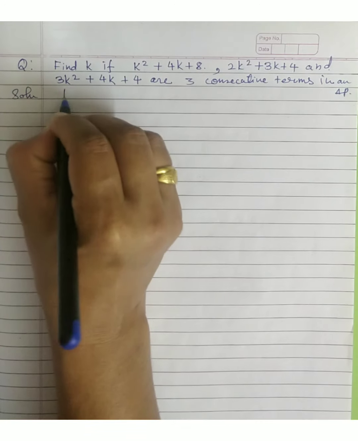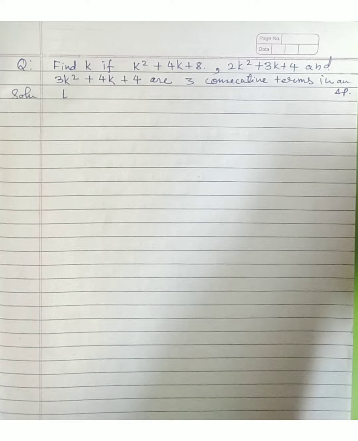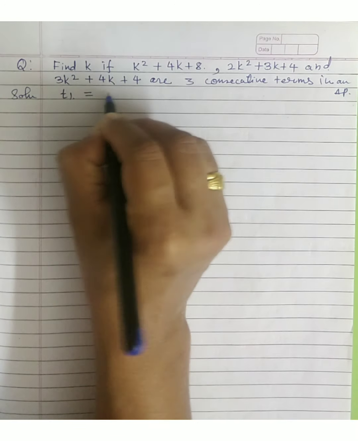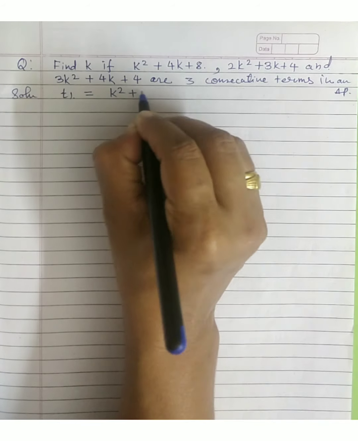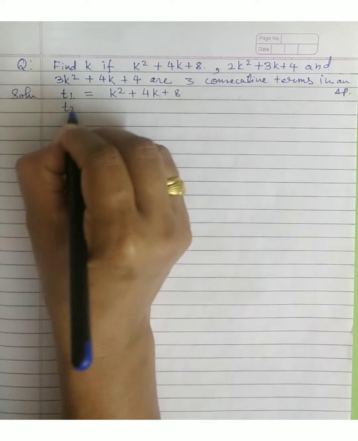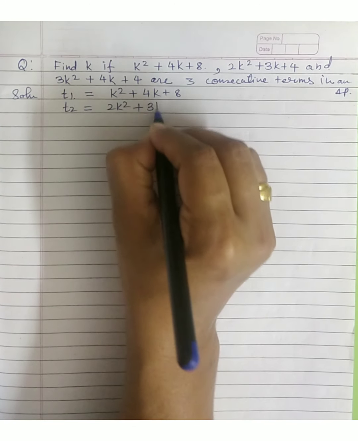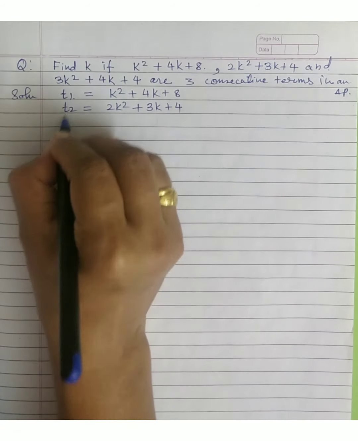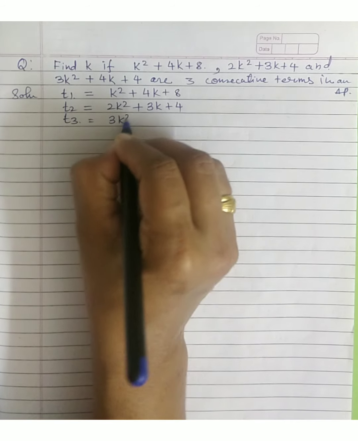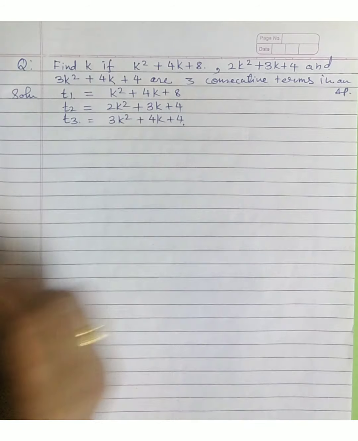T1 here is what? k square plus 4k plus 8. T2 is 2k square plus 3k plus 4. T3 is 3k square plus 4k plus 4.